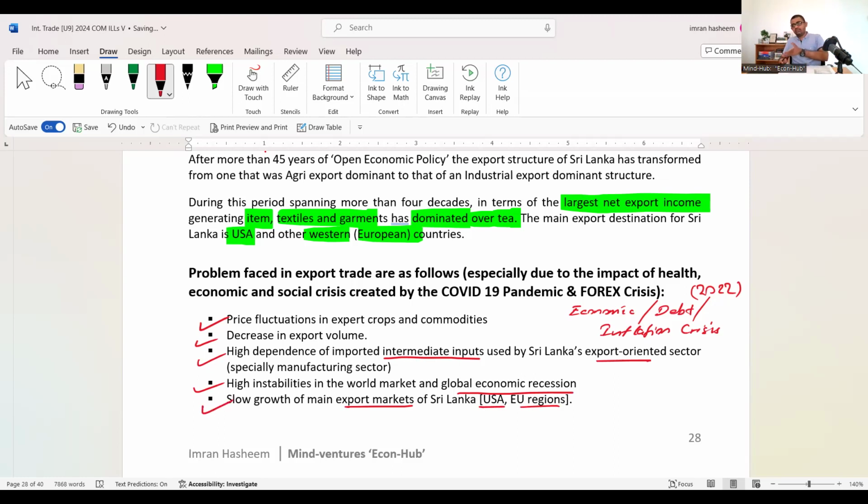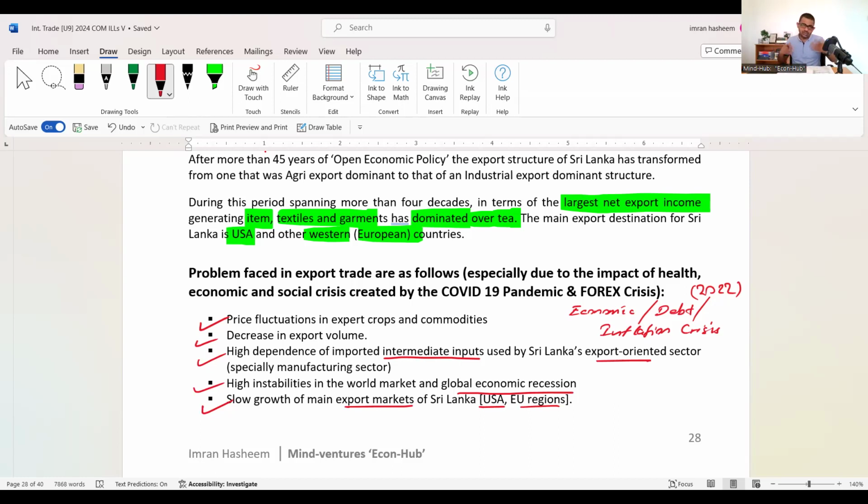And then with the debt or the inflation crisis, these difficulties, these challenges we were already facing in the export sector after the pandemic intensified, increased, and almost our export sector, especially the manufacturing and industrial export sector, came to a major point of collapse.